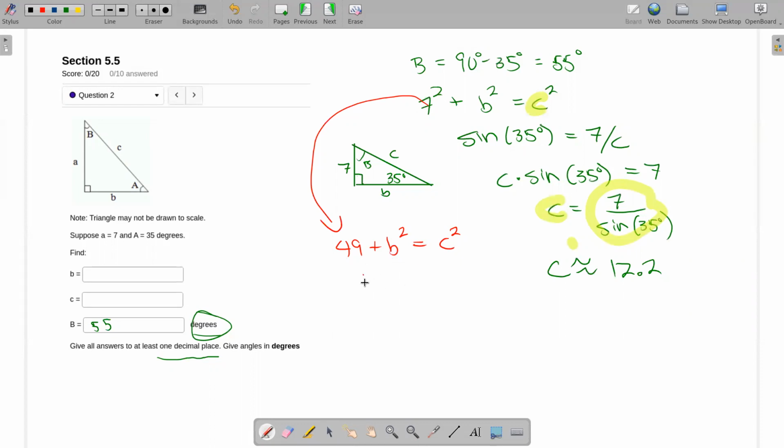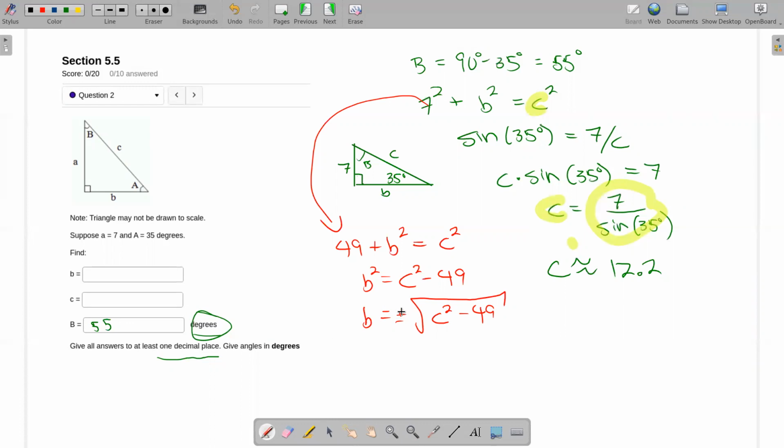So I'm going to subtract the 49 over. So C squared minus 49, and then I would have to take the square root. So B would be equal to plus or minus the square root of C squared minus 49. Now, some of you might be tempted to take the square root of 49, but the order of operations here says you have to square C, then subtract, then take the square root. So that would be an illegal move to try to take a square root ahead of time.